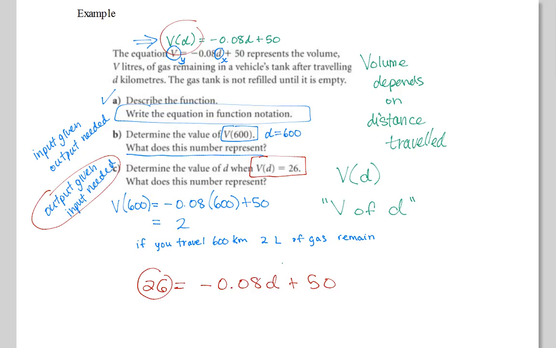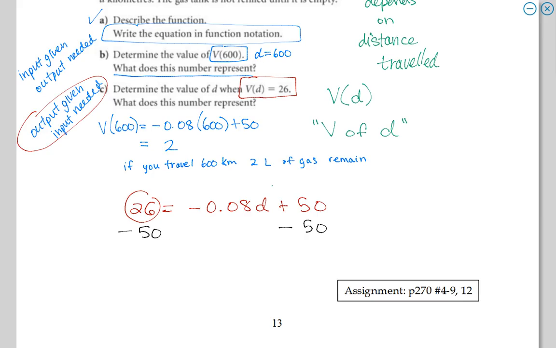So how do you solve for the letter d here? You're going to have to do some algebra. What's the opposite of plus 50? So you do that to both sides to isolate the variable. 26 take away 50 is what, negative 24? And then how do you isolate the variable one more time? Divide by the coefficient. So you have to divide by negative 0.08.